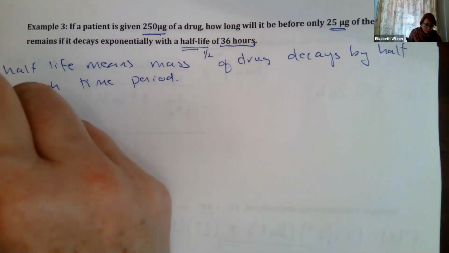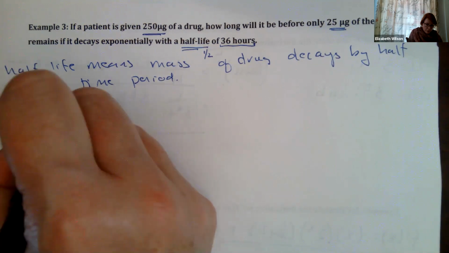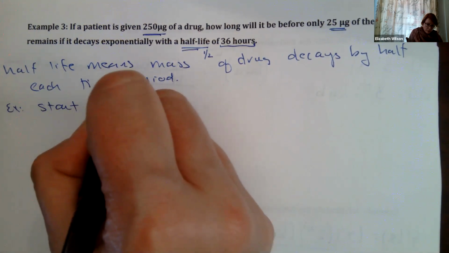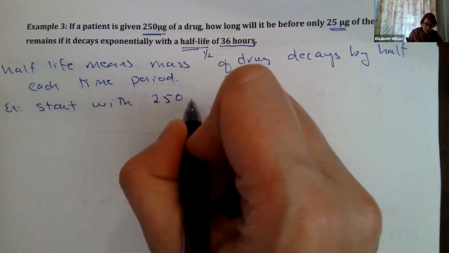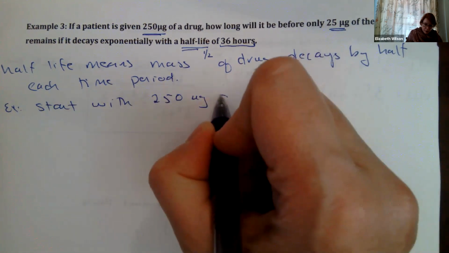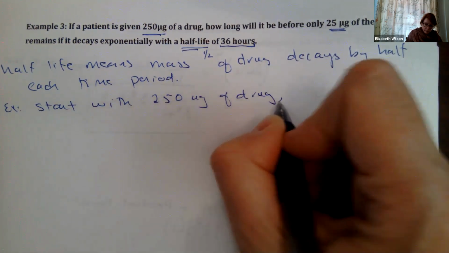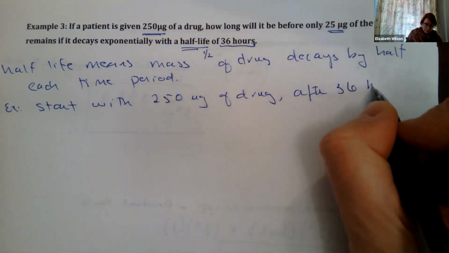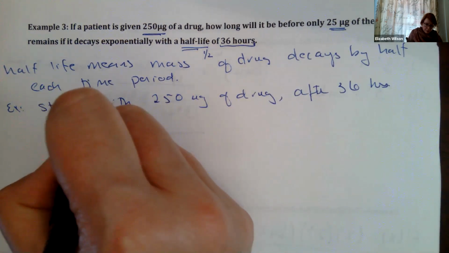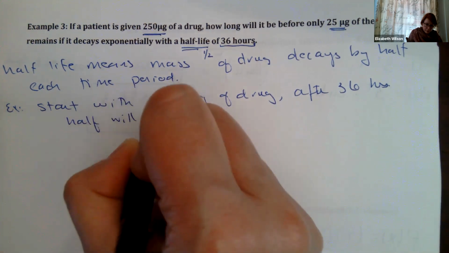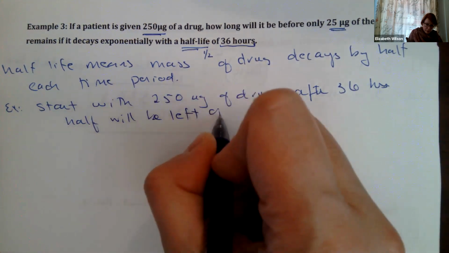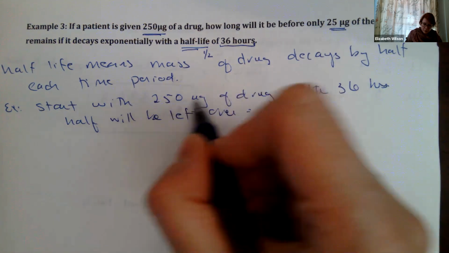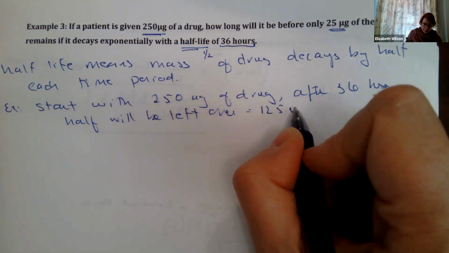So for example, if we start off with 250 micrograms of the drug, after, in this case, 36 hours, half will be left over, which means that we'll have half of 250, so 125 micrograms, right?